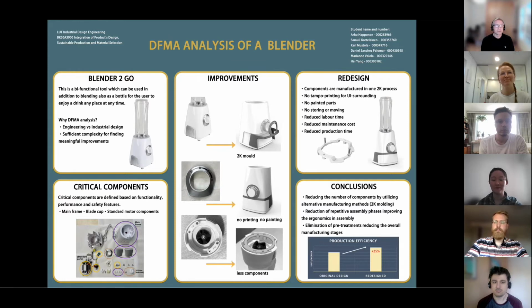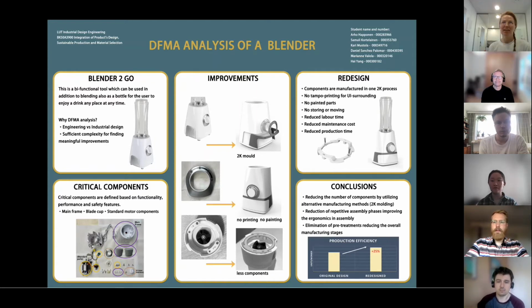The critical components are, for example, the plate cup, mainframe, and the standard motor with the components. In the original product, 28 of the total 50 components were recognized as critical for the functionality, performance, and the safety of the blender.